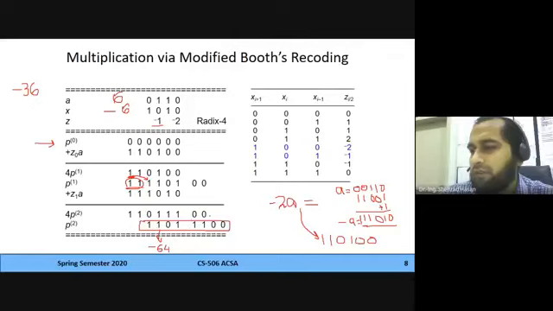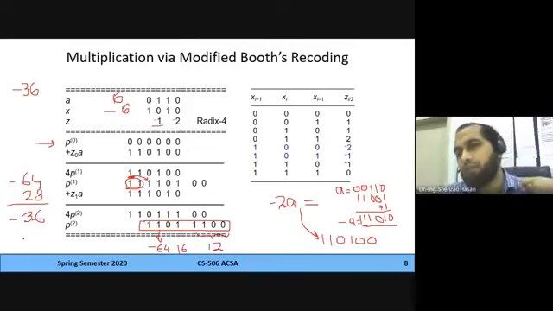So 16 plus 12 is 28. So minus 64 plus 28 is going to be minus 36. Right, so we have obtained the right answer. That we have checked as well.